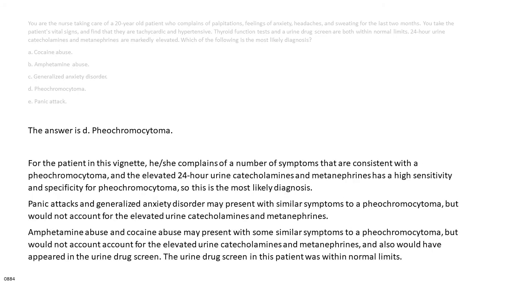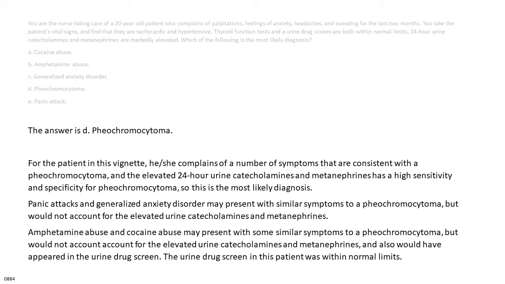For the patient in this vignette, he or she complains of a number of symptoms that are consistent with a pheochromocytoma, and the elevated 24-hour urine catecholamines and metanephrines have a high sensitivity and specificity for pheochromocytoma, so this is the most likely diagnosis.